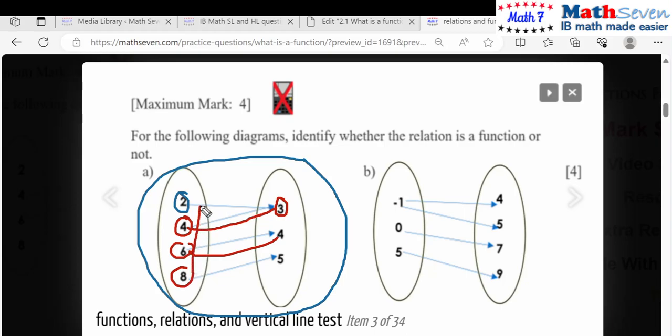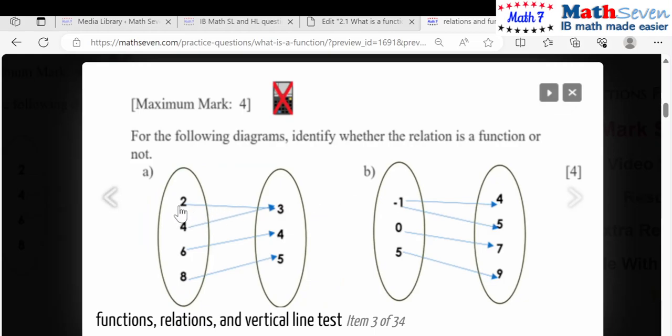So for every input, there is an output. In other words, input 2 does not have 2 different outputs. So it goes like this: if the input has 2 different outputs, like part B, for example, look at part B, -1.